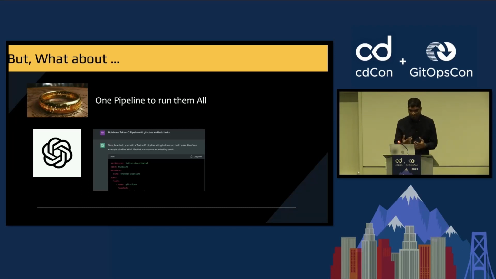Even in the description, it says this is a starting point, right? So you need to take this, validate this, understand it, and then put it into use. We cannot just directly put it into use. And these are the things that we are currently exploring for the auto generation of the pipelines, and putting it into our frameworks together.